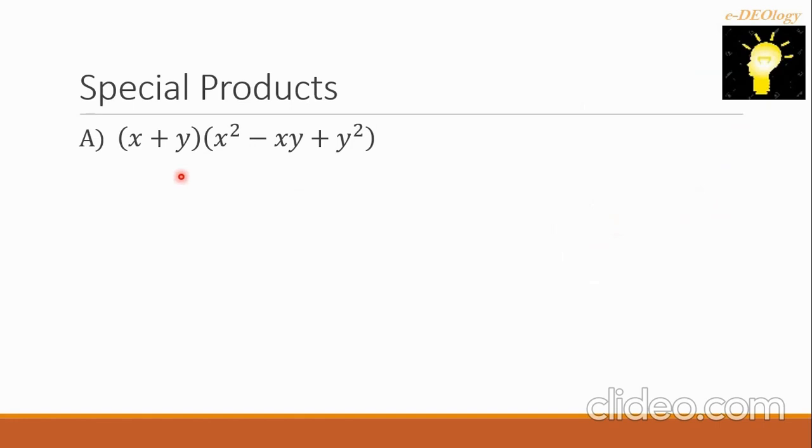In here we're going to multiply a binomial and a trinomial of this form. In the book you will find the special product for this to be a binomial, which is x cubed plus y cubed. So let us examine our factors here.